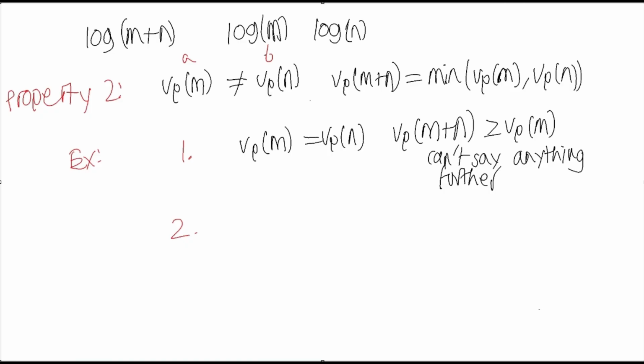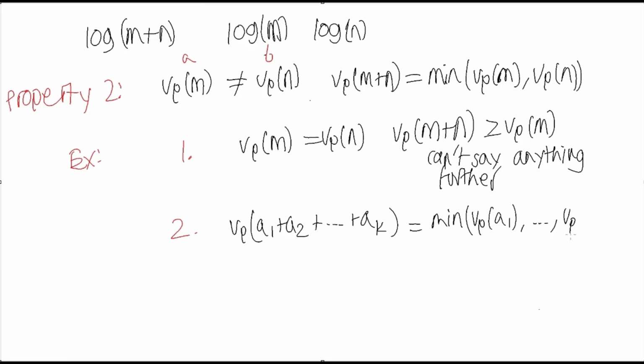Then exercise number 2, go ahead and generalize the above properties. So nu p of a1 plus a2 plus all the way to plus ak is equal to the minimum of nu p of a1 all the way to nu p of ak, assuming that all of them are distinct.